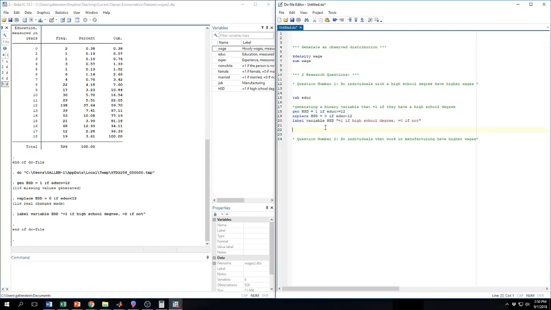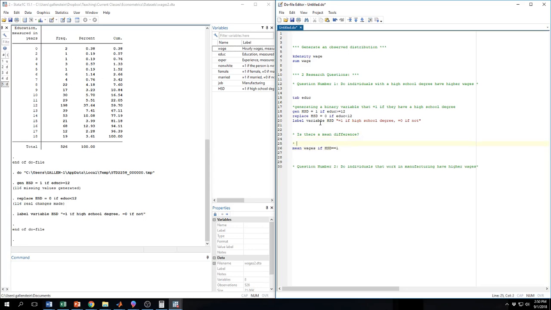Now I want to try to answer the question. Let's try to answer the question. First, before we try to answer the question using our hypothesis testing, let's just see if there's a mean difference. So we did this in the last assignment, but let's do it again. Is there a mean difference? All right, so let's do it. Let's do mean wages if HSD equals 1.